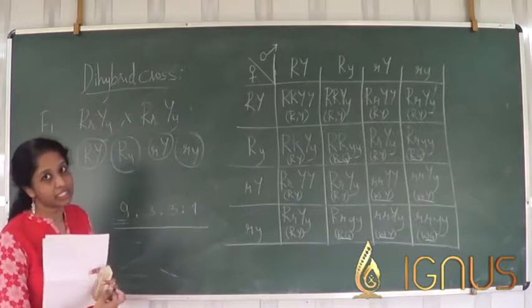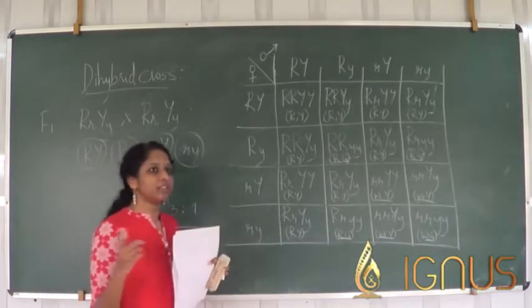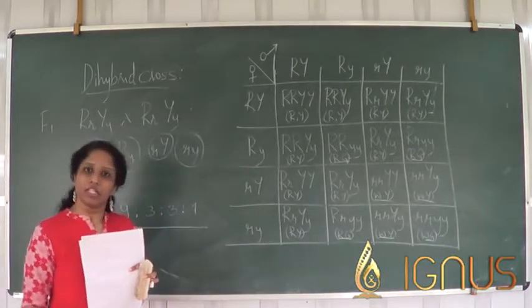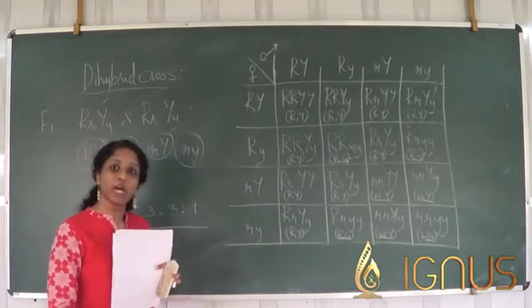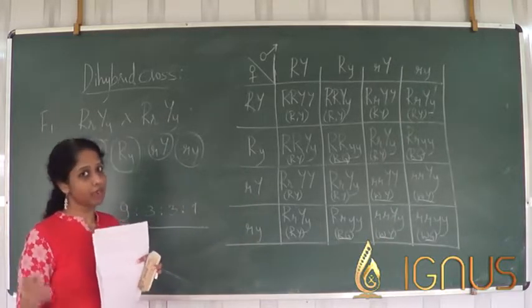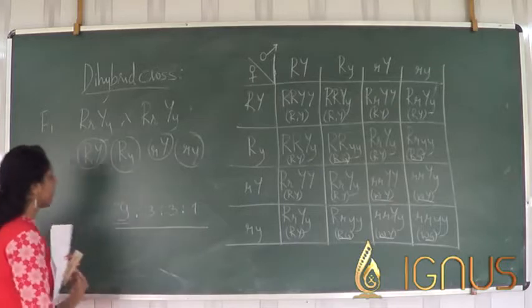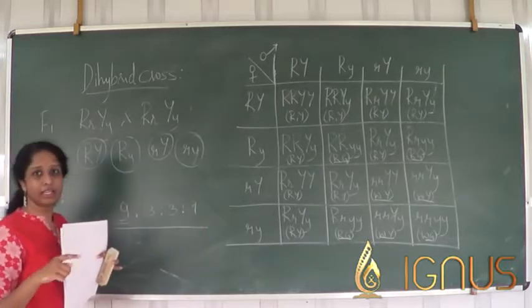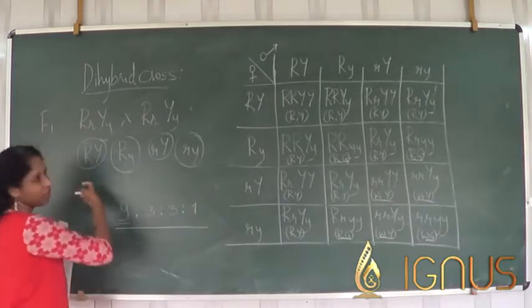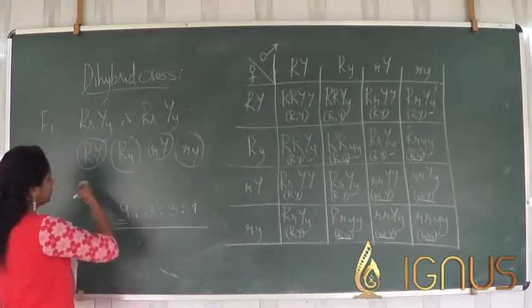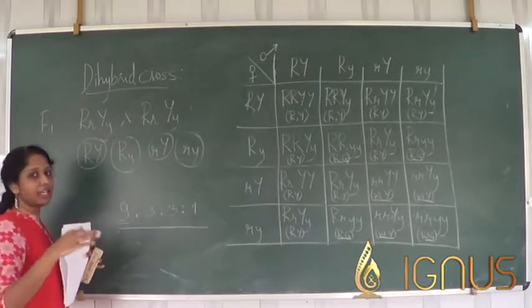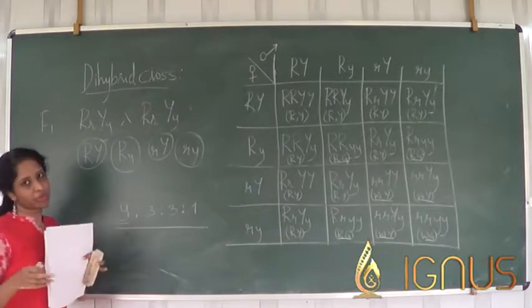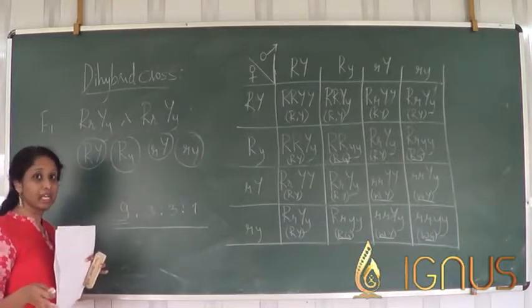Now that ends the dihybrid cross. Now the Mendelian laws which were there based on the monohybrid cross apply for the dihybrid cross also. So you have segregation of the gametes, unity of gametes, and the 3 laws which are there, they are applied for both the monohybrid cross and for the dihybrid cross.